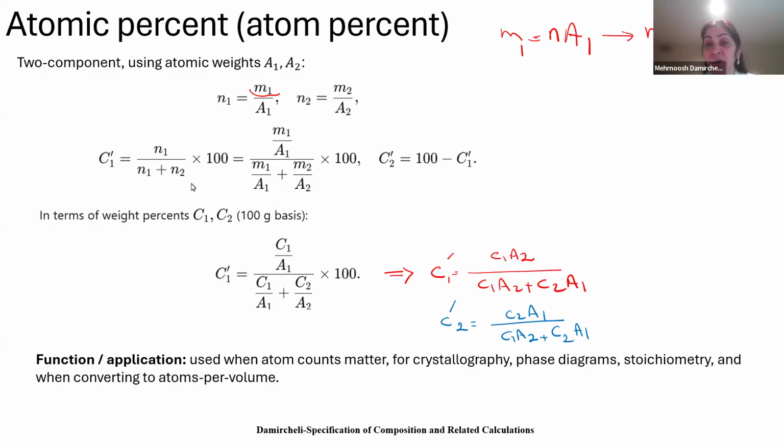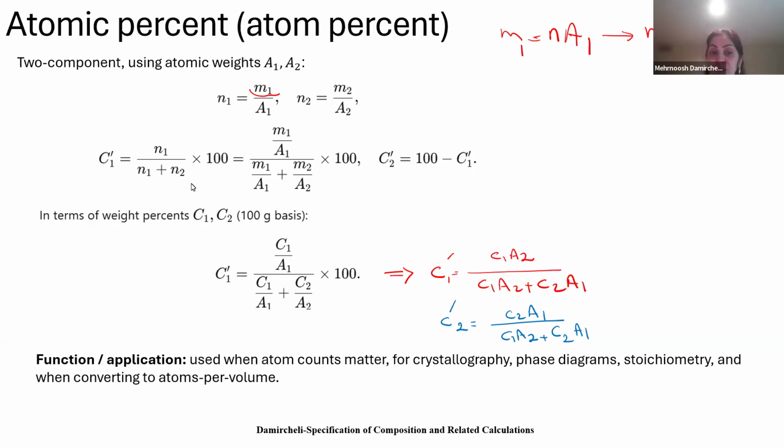These equations are only for when we have 2 components. So if we want to express C prime 1 as a function of C1 and C2, C prime 1 should be C1A2 over C1A2 plus C2A1, and C prime 2 is C2A1 over C1A2 plus C2A1.